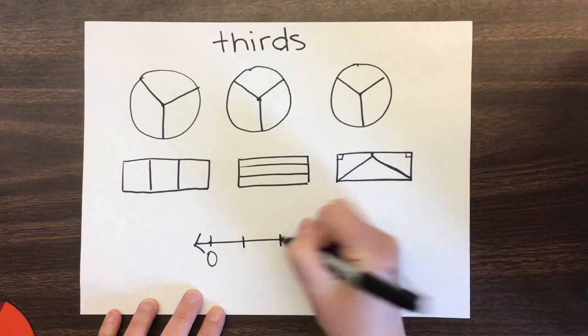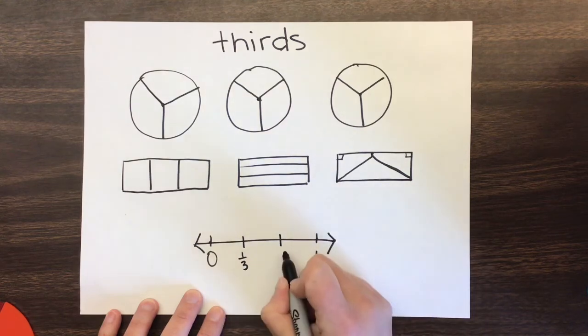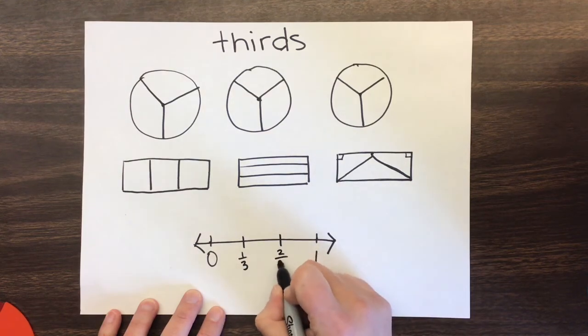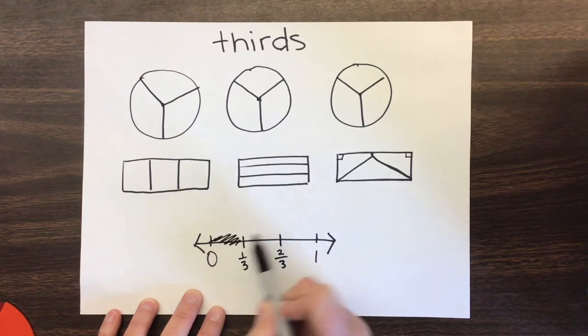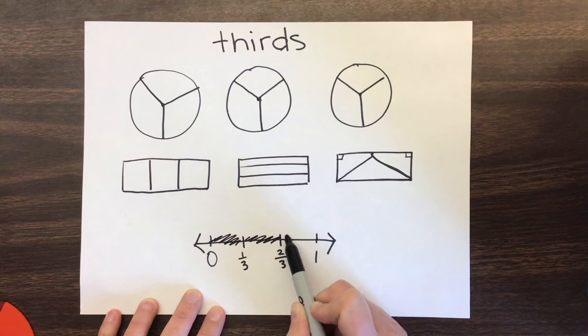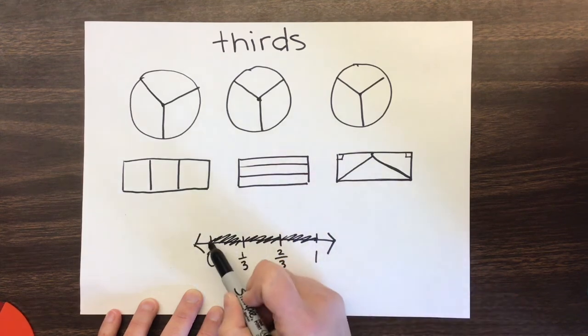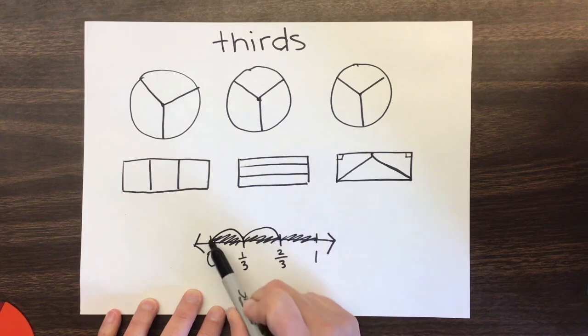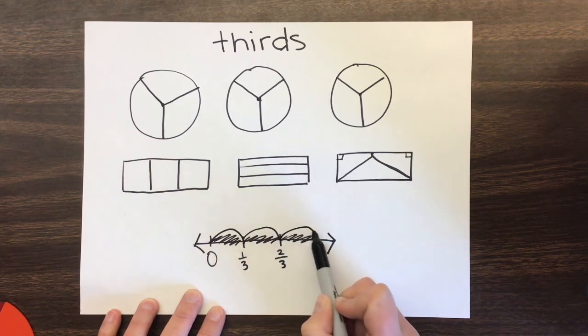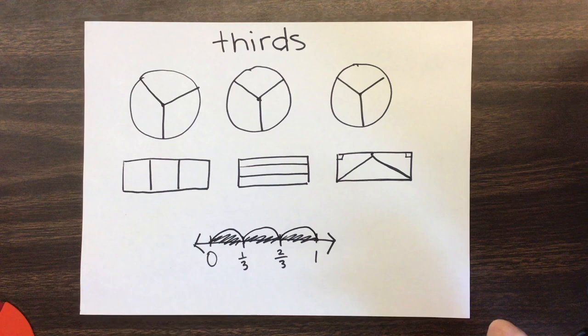So this whole piece is 1/3, this is another 1/3, and this is your 3 pieces. Some people like to draw jumps. So we've got the 1st jump, the 2nd jump, and the 3rd jump. And we're ready to go to fourths.